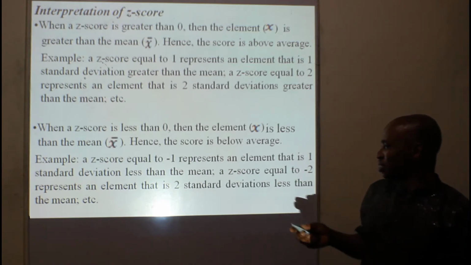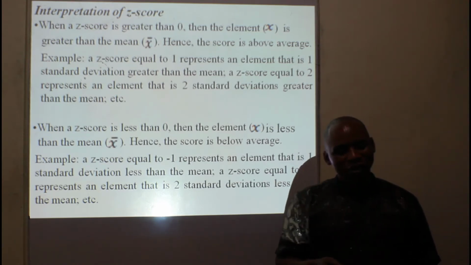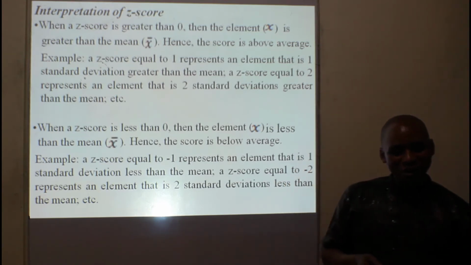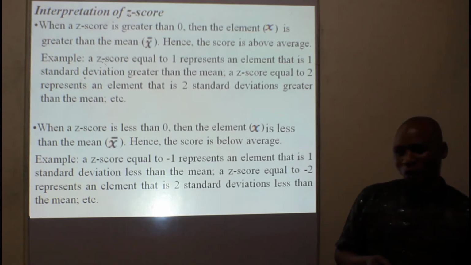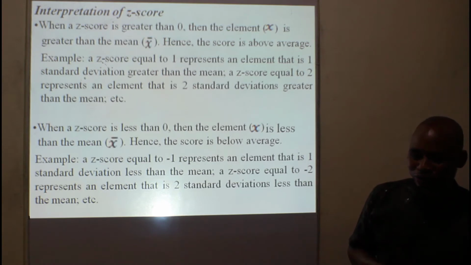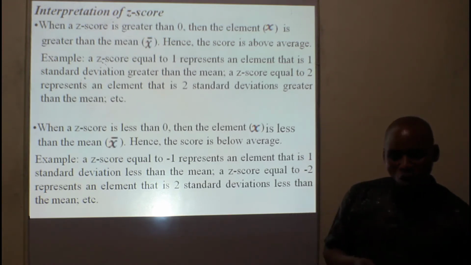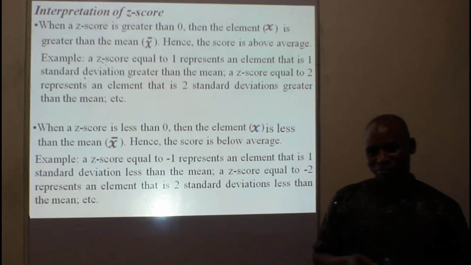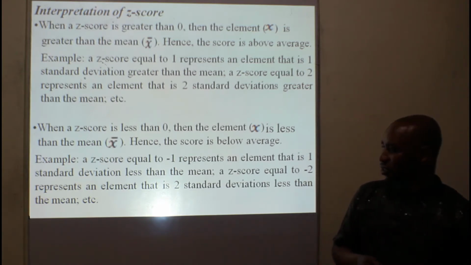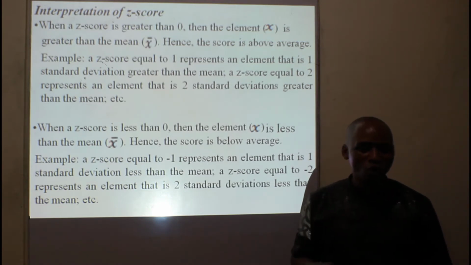What it means is that the student's score is about 1 standard deviation below the mean. Hence, the student score is below average.